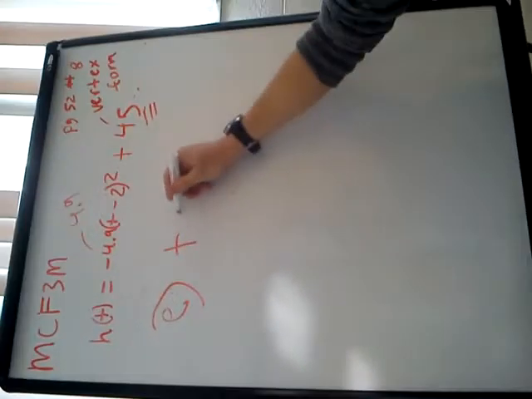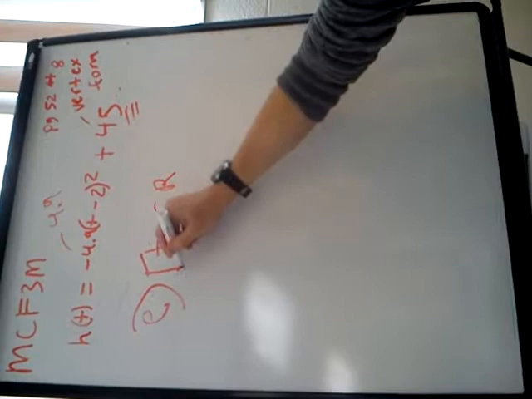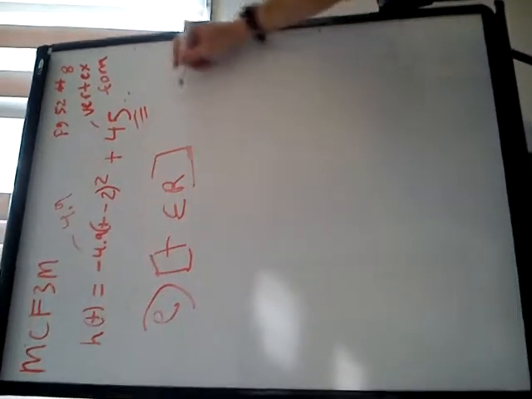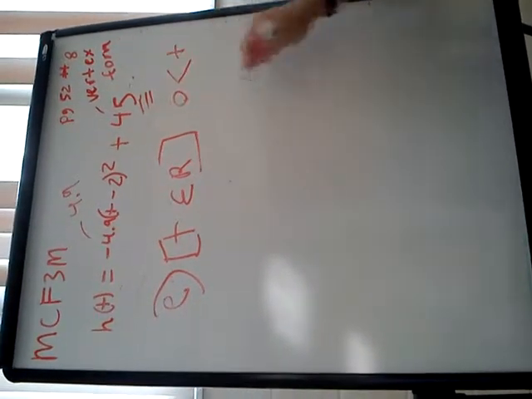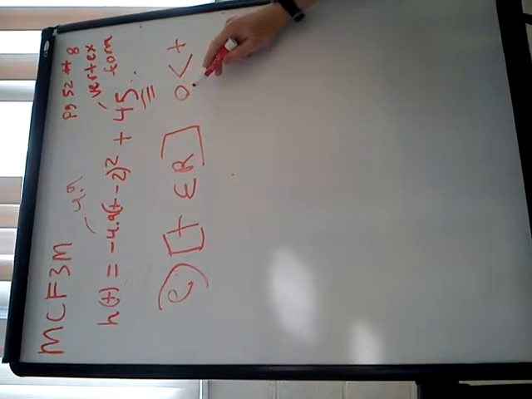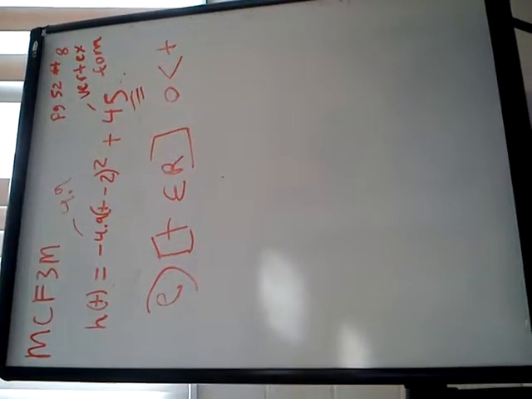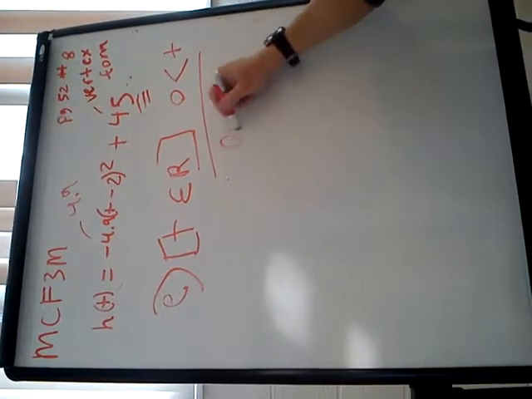So t is an element of the real numbers, t is greater than or equal to 0. Okay? So that is determined as the domain of the function.